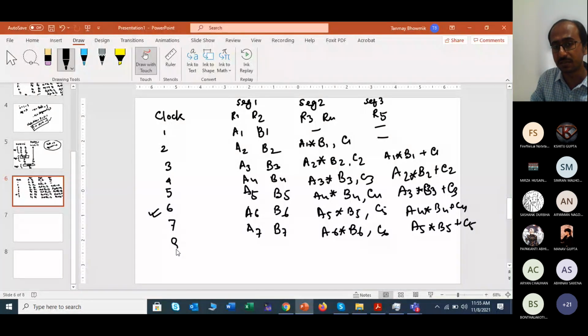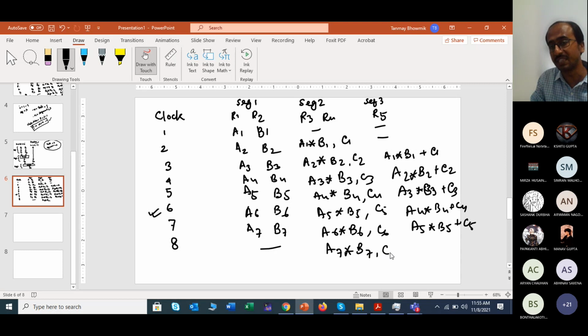So on the 8th pulse, what will be there? 7 data has been stored properly. So you don't need to take any other data because you need to do only 7 tasks. So 7 data has been taken in R1 and R2. Now in the second segment, we'll complete the storing of the multiplication result and C data.